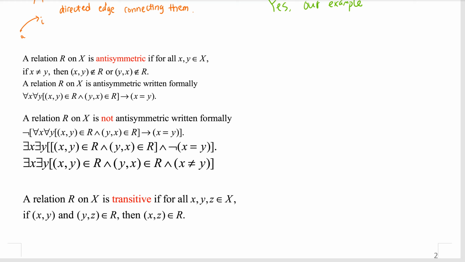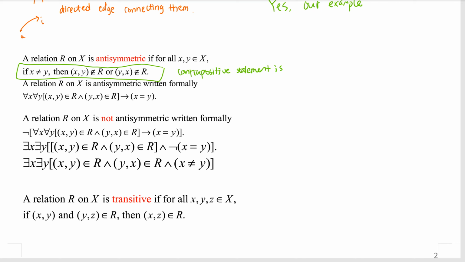Okay, so we can also write down the contrapositive statement.